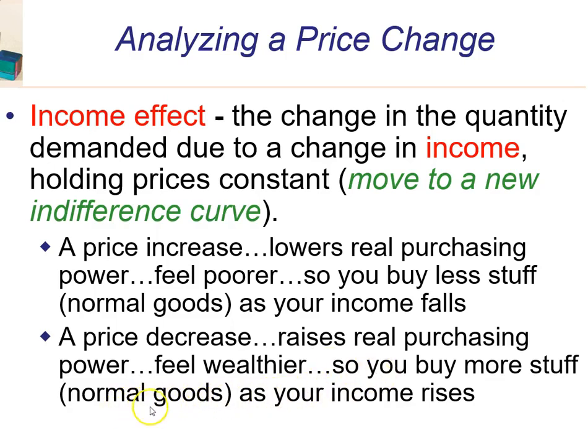We're talking about normal goods here. When the price decreases, you feel wealthier. It's as if your income went up, so you'll buy more normal goods as your income rises. So to summarize then, when there's a price change, there's both a substitution effect, where you buy the good that looks like a relatively better deal, and an income effect, where you are either going to feel wealthier due to price reductions, or you're going to feel poorer due to price increases.